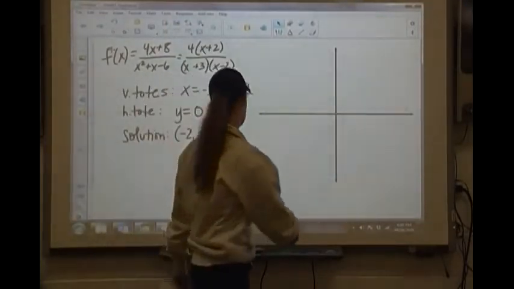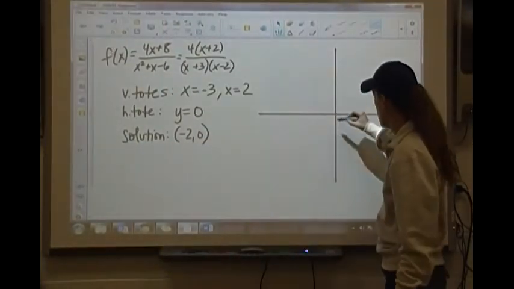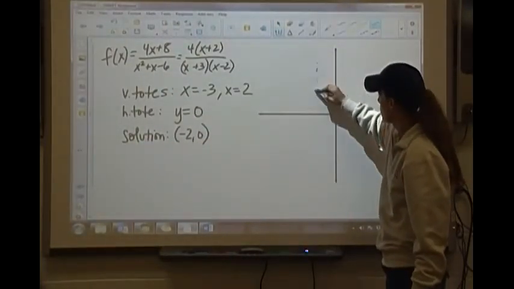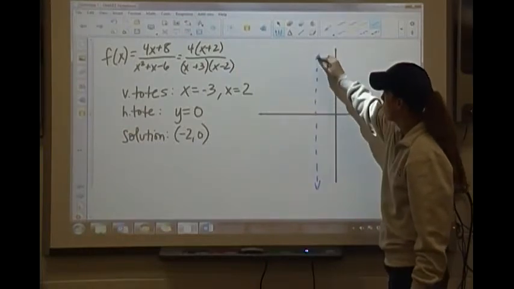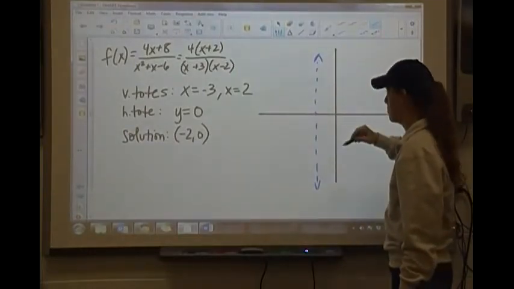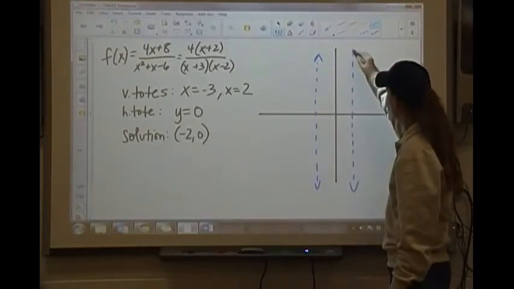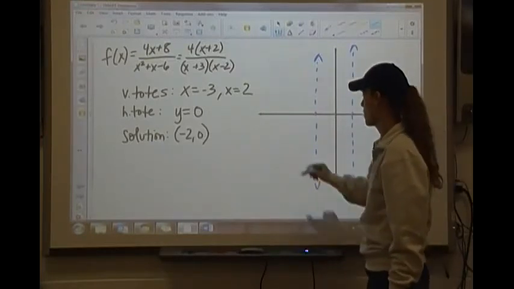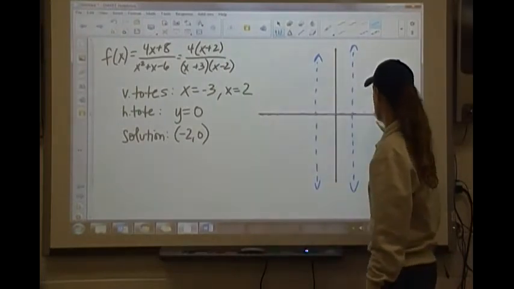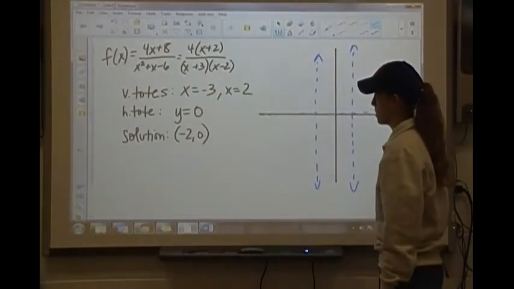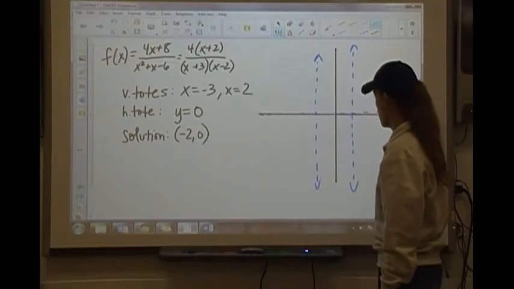So when we plot everything that we know, we have an asymptote at negative 3. We know that we have an asymptote at 2. We know that we have a horizontal asymptote at 0. And we have a solution at negative 2.